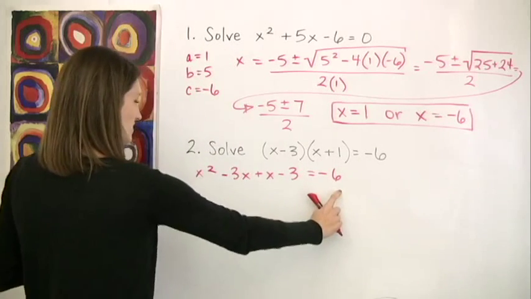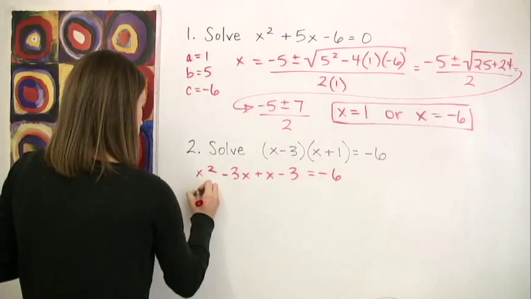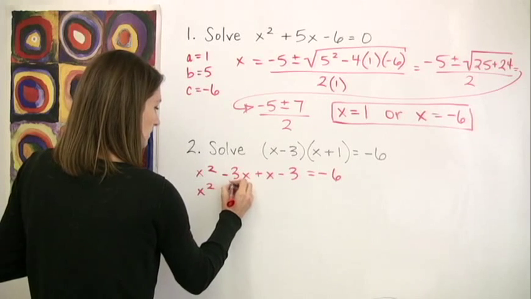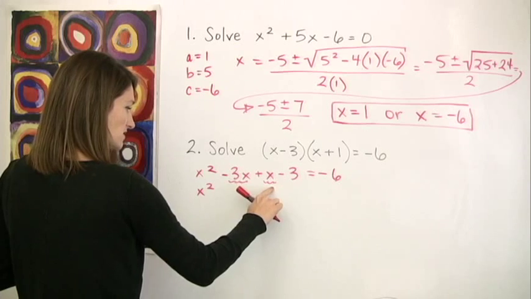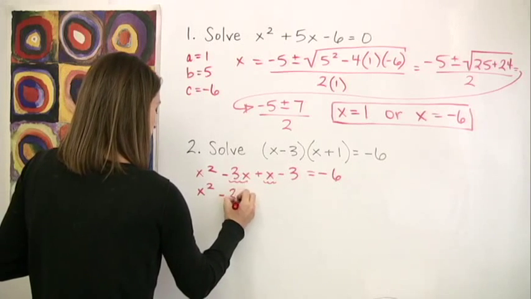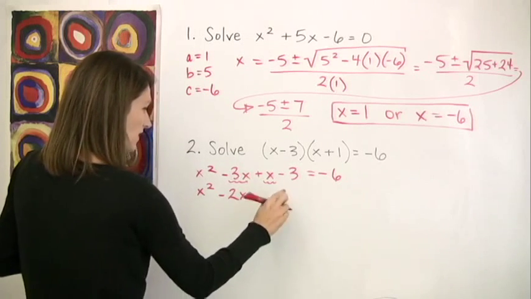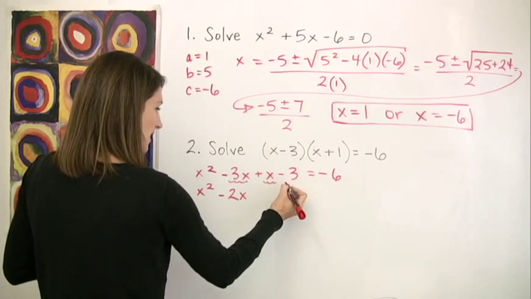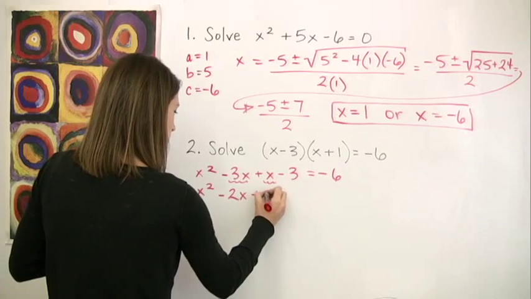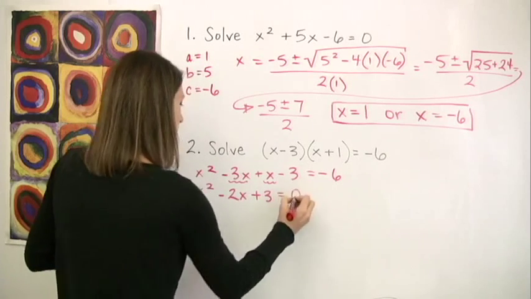Then let's simplify this equation here. So we still have x squared. We're going to combine these similar terms. Negative 3x plus positive x gives a negative 2x. And then I'm going to add positive 6 to both sides. And so that gives us plus 3 here and a 0 on this side.